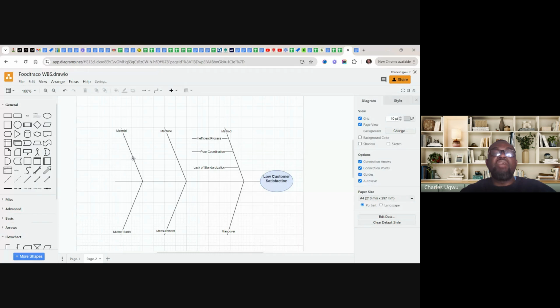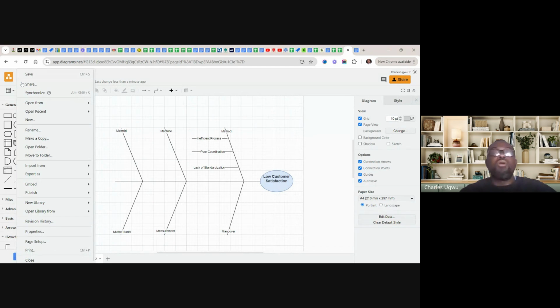We'll have material, we'll have machine, we need to fill them up just the way I captured this one. So that is your homework.